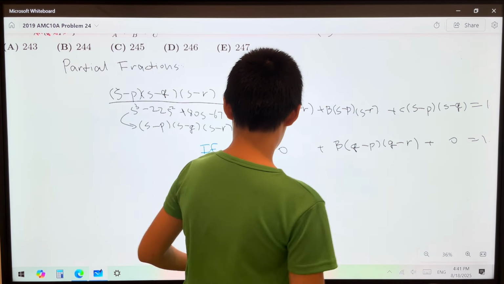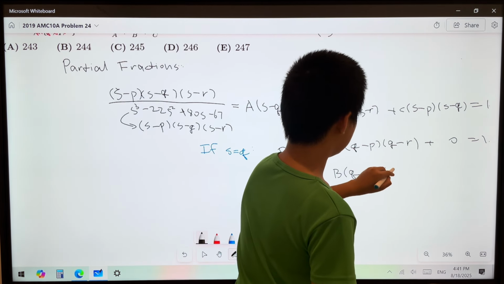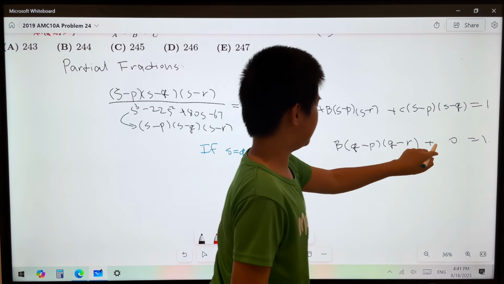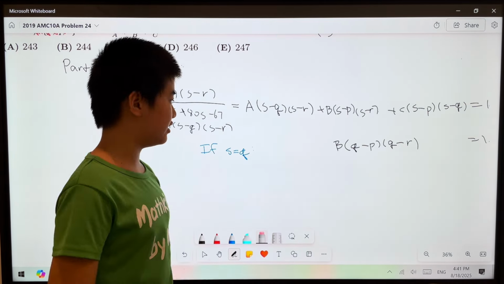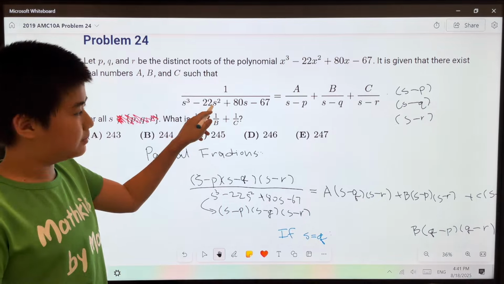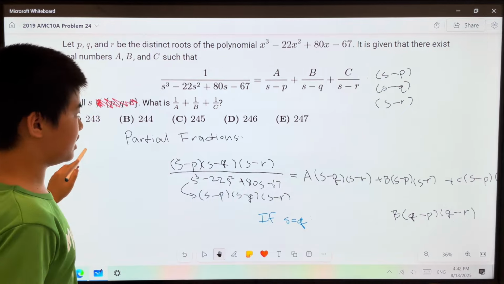Which means b times (q minus p)(q minus r) equals 1. Now we can find 1 over b, because we're trying to find the sum of 1 over a, 1 over b, and 1 over c.